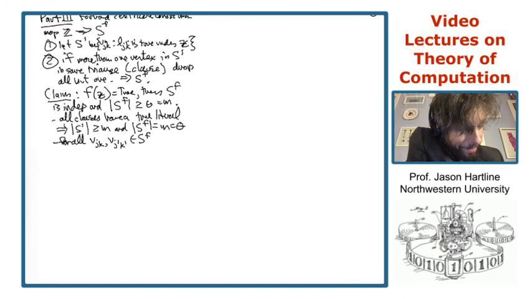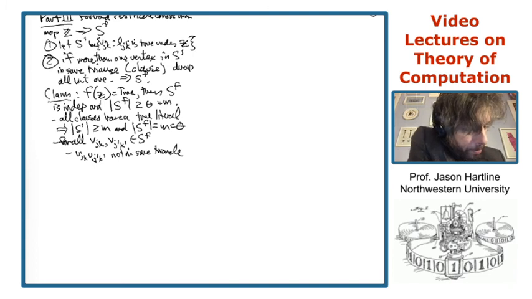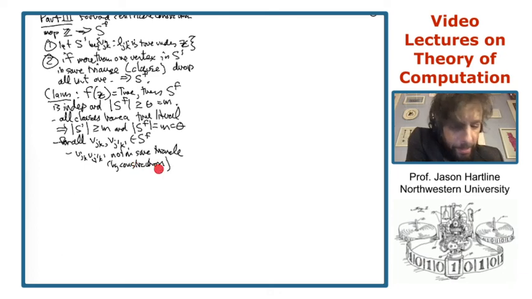Two things have to happen. One, Vjk and Vj'k' are not in the same triangle. Well, that's true because we dropped all but one. Good, so they don't violate the clause edges.